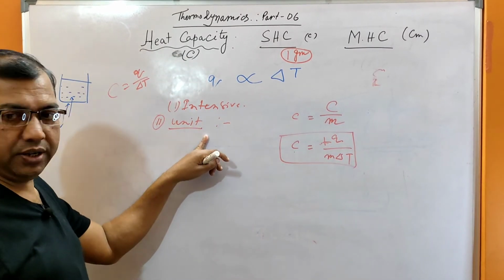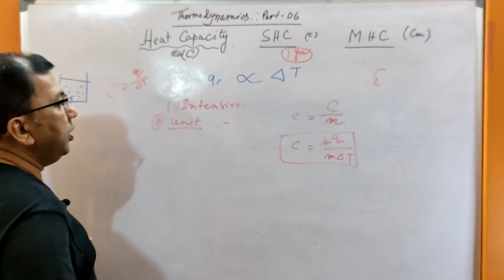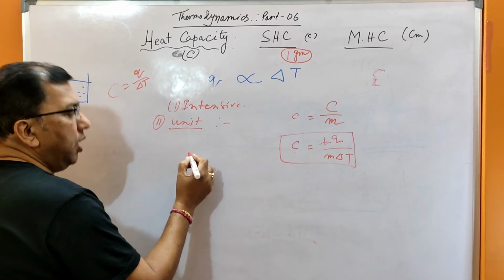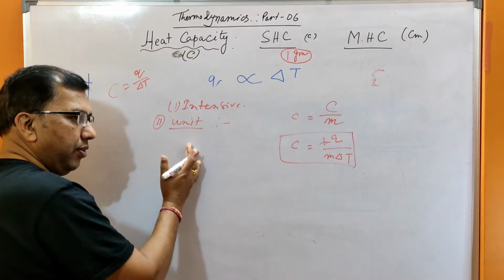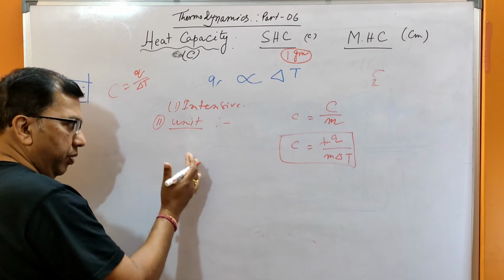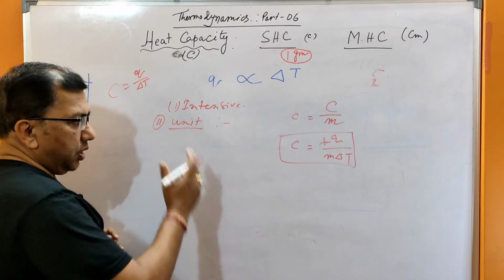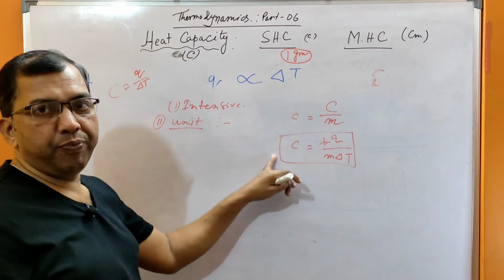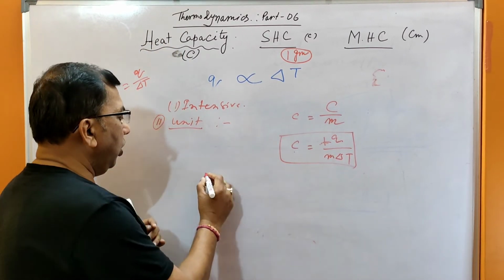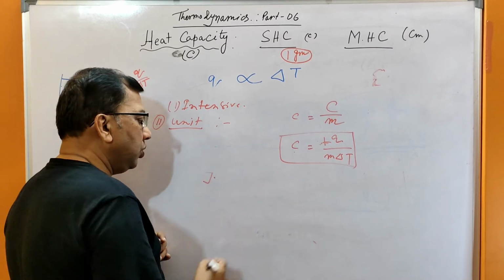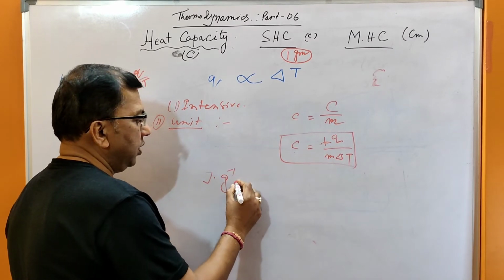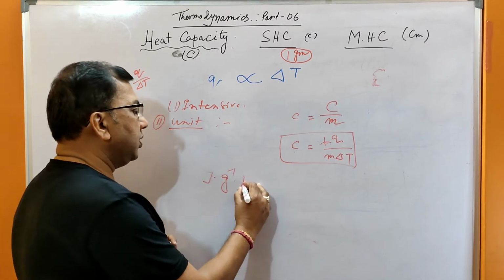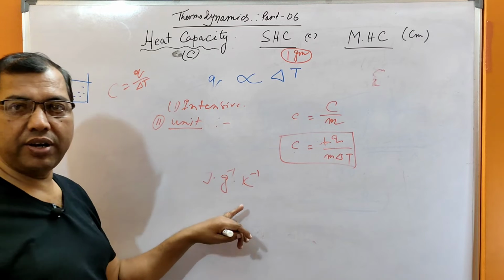So what will be the unit out here? In the case of heat capacity, it is joule or calorie: joule per degree centigrade, joule per Kelvin, calorie per degree centigrade, calorie per Kelvin. Here, the same thing, with gram added: joule per gram per Kelvin, joule gram inverse Kelvin inverse, whatever you can write.